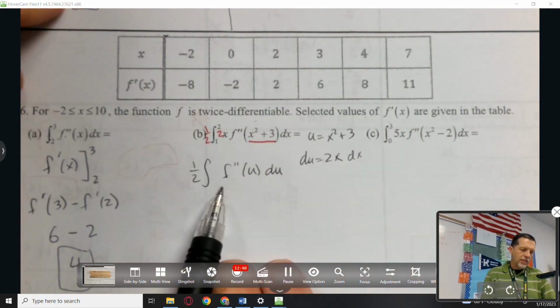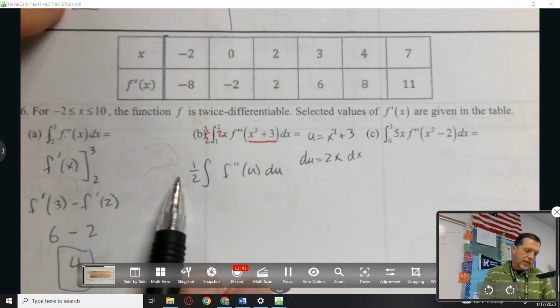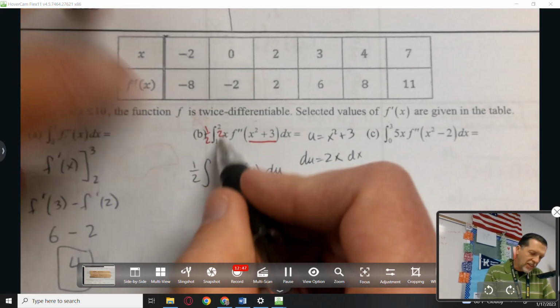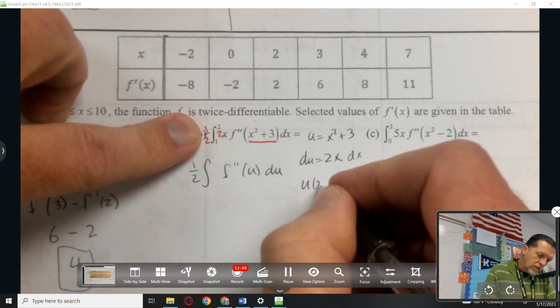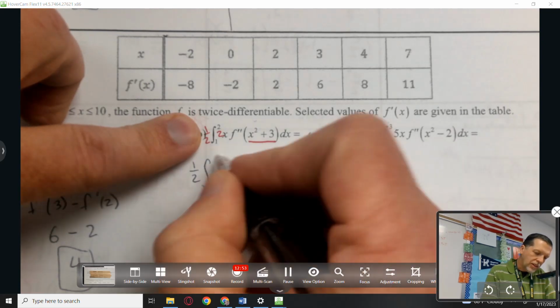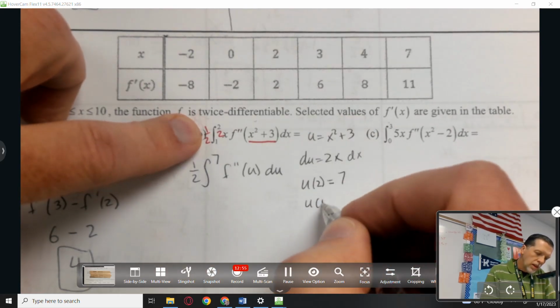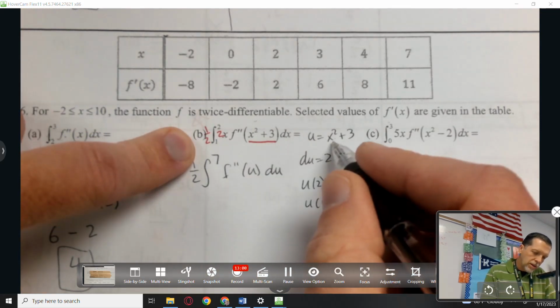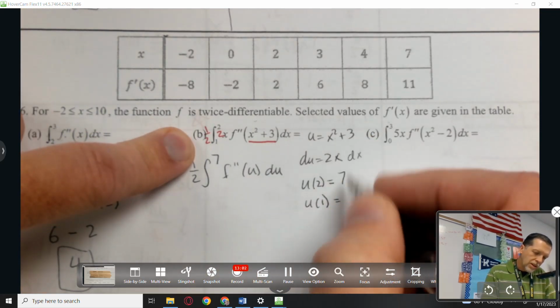Okay, so now this looks a little bit like part A. Antiderivative of the second derivative would be back to the first derivative, but I need to fix these limits. So the upper limit is 2. 2 squared plus 3 is 7. The lower limit, in terms of x, is 1. U of 1, 1 squared plus 3 would be 4.